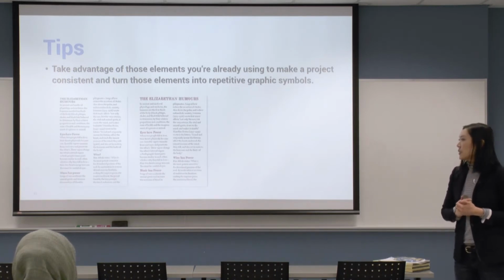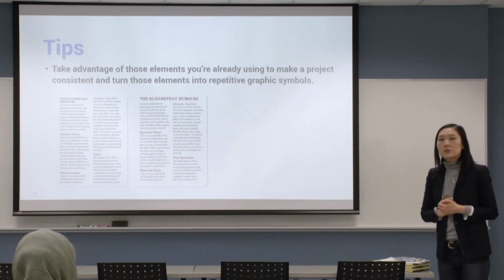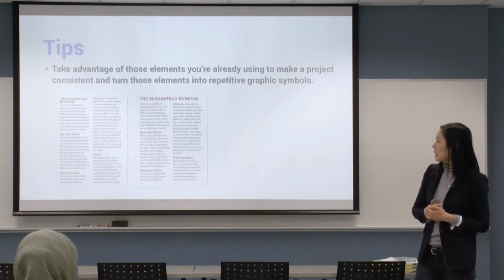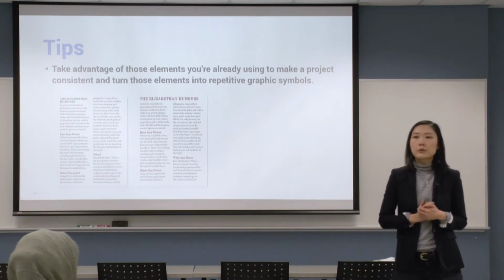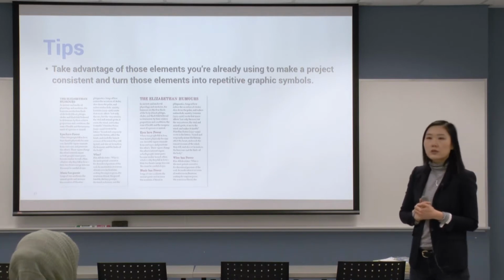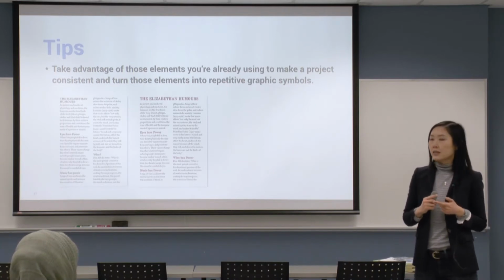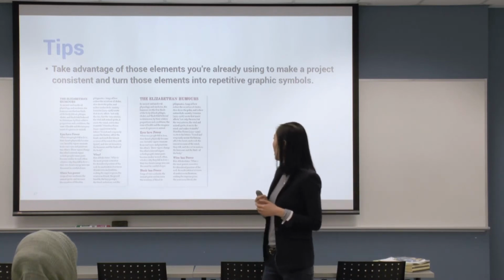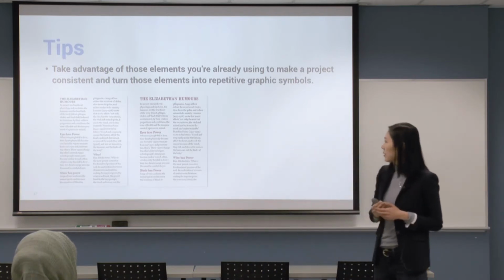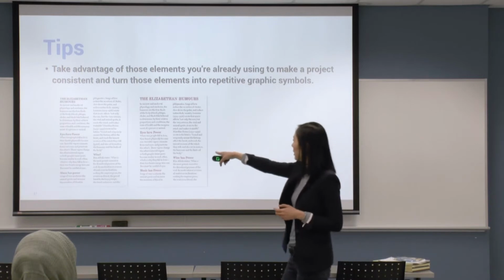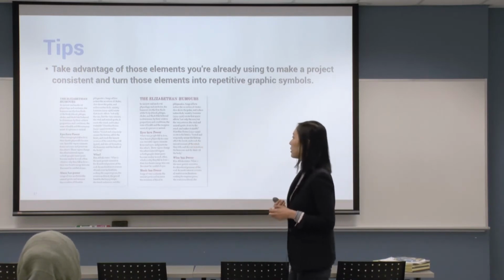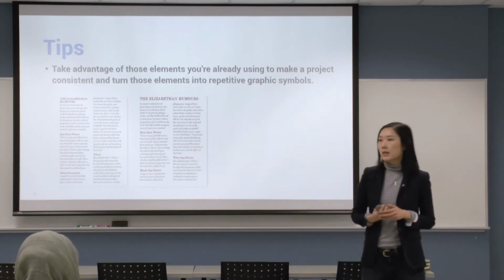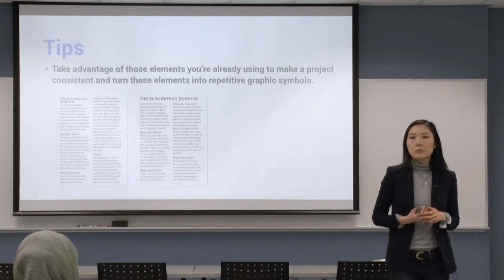So there are certain elements that you're already using, right? Things like in our papers, chances are you're already using headings and paragraphs. So in this one, I'm using all caps in the first title, and then also headings that use a typeface just slightly bigger than the body text.